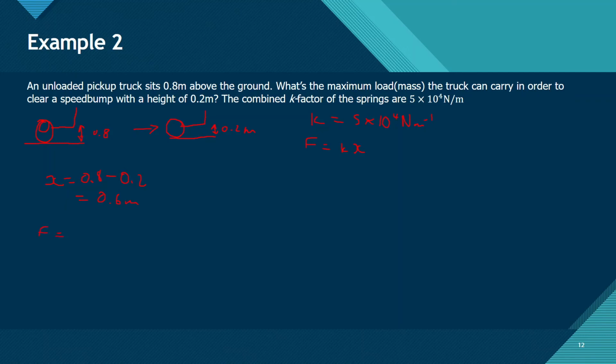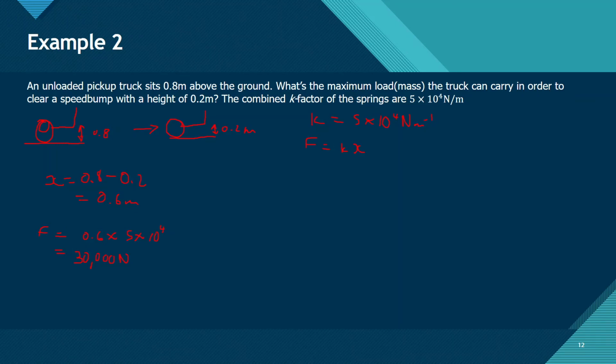After this, it's just simple substitution. F is equal to 0.6 times 5 times 10 to the 4. Multiply in a calculator, you get 30,000 newtons. Now, this is the actual load, 30,000 newtons, but in this case we want the mass.